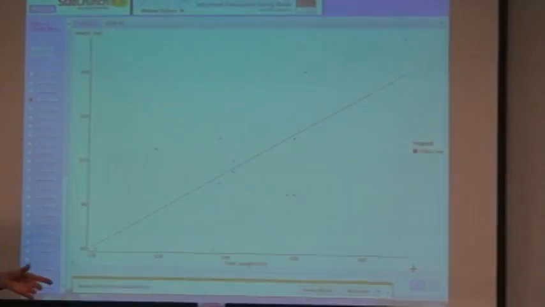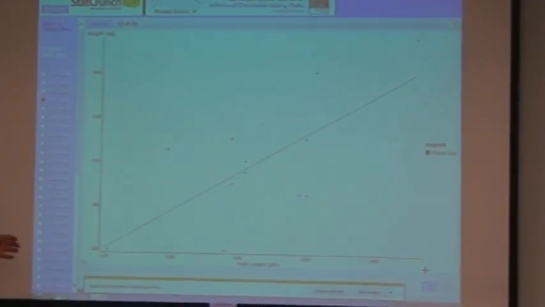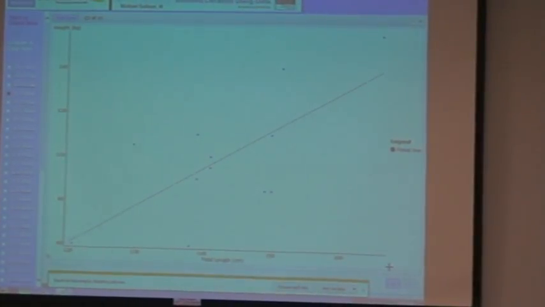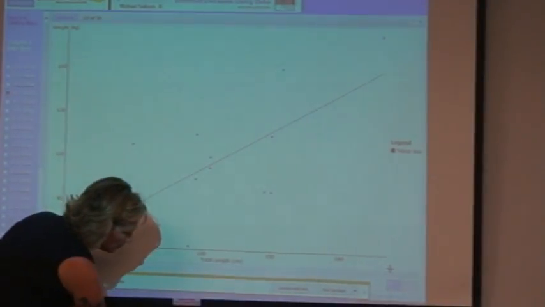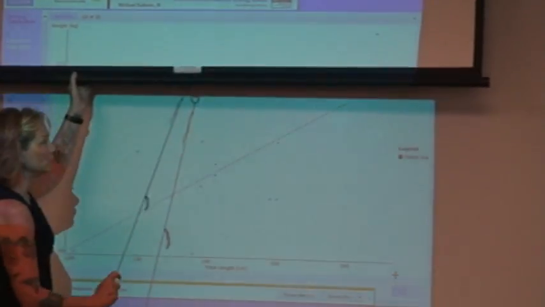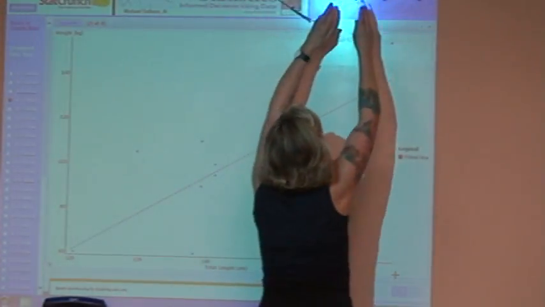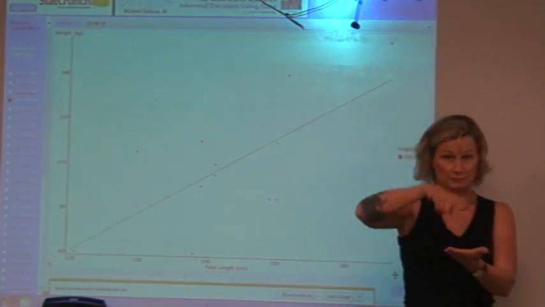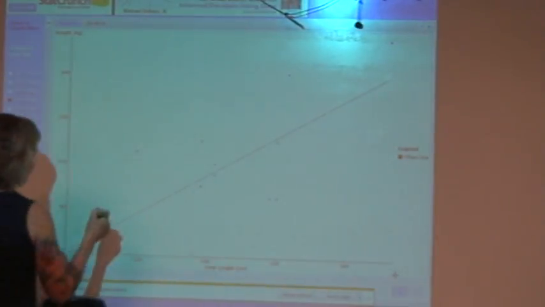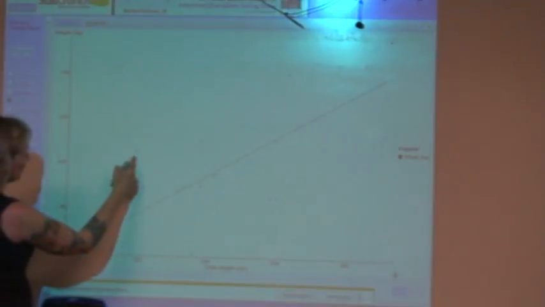So each residual is calculated by the observed y minus the predicted y. They're calculated based on y values because they're vertical distances. And y is our vertical value there.